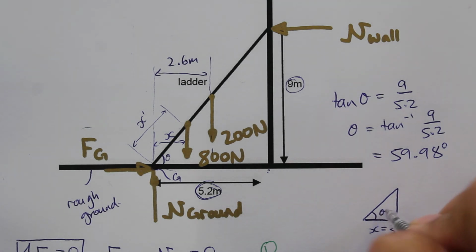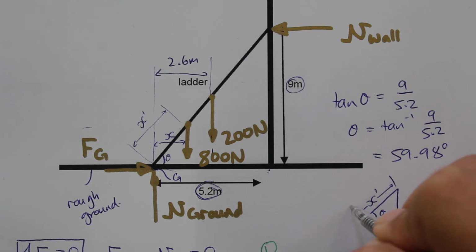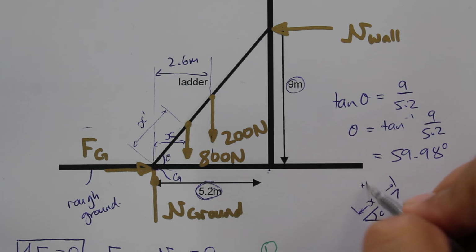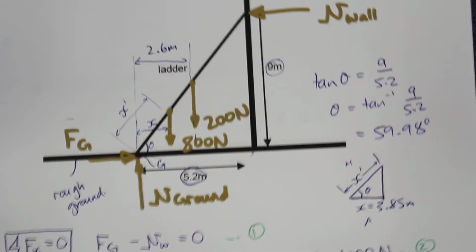The angle here was theta, which we calculated previously, equal to 60 degrees. So now we can calculate the length of this side, which is how far up the ladder the person has climbed. Here we've got the adjacent side and the hypotenuse, and we can write down a relationship.